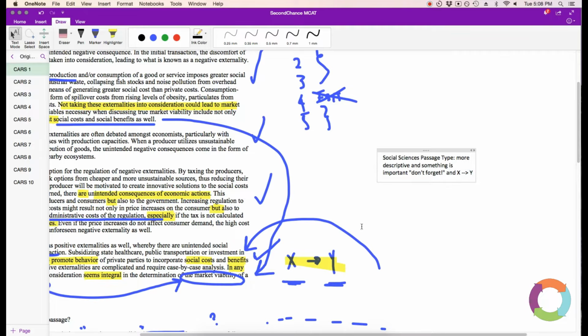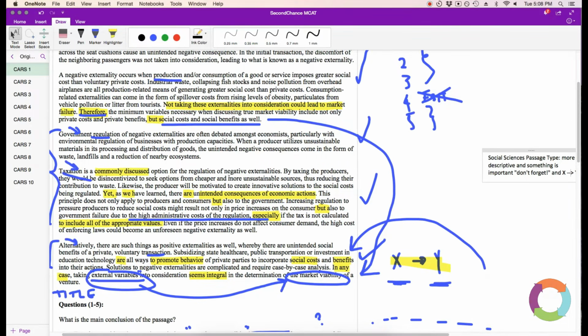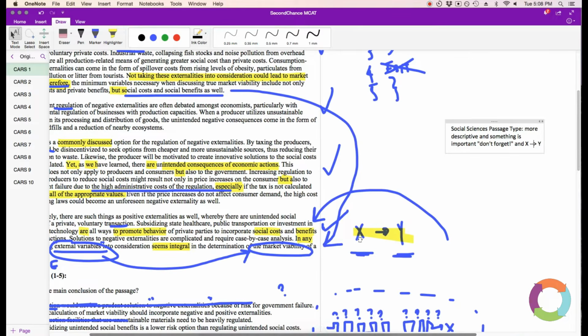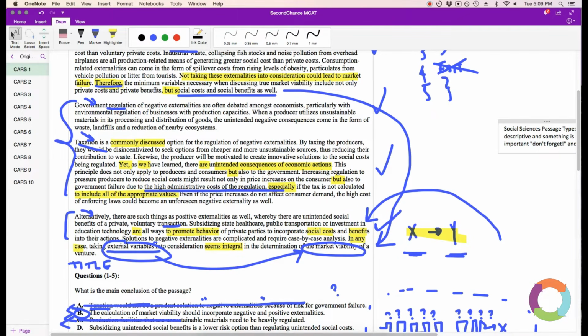And so what I like to do is that because I knew what type of passage this was, when I'm reading this concluding sentence, I'm looking for what is that X to Y? What is that relationship that is so important for the author to describe? And the way that I formatted it was that these external variables are the X and the Y is the market viability, right?